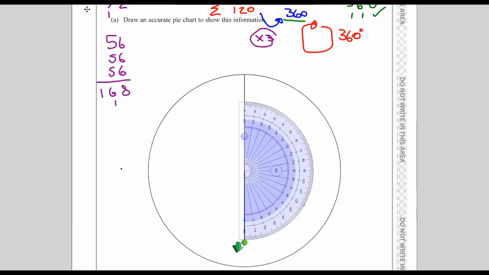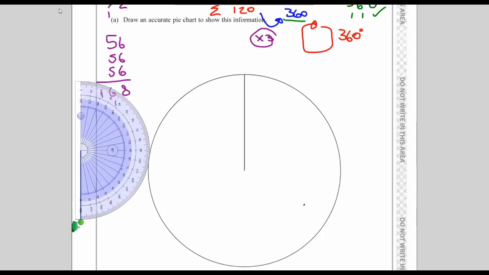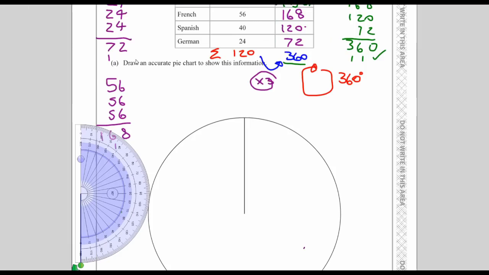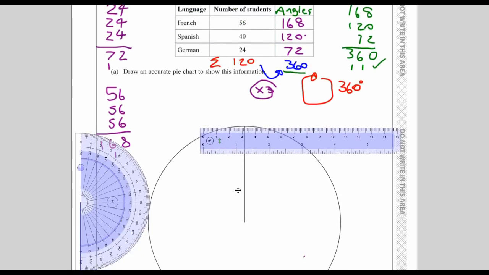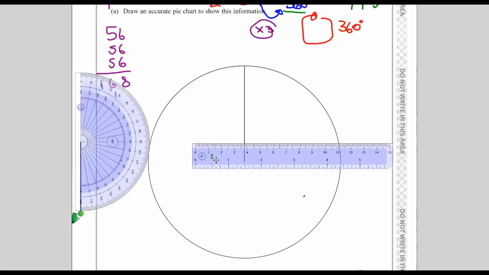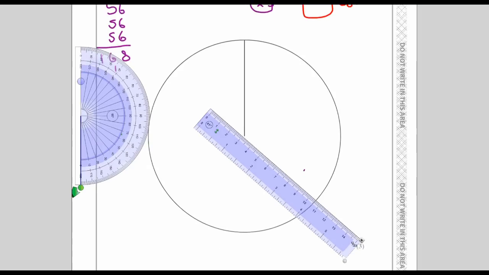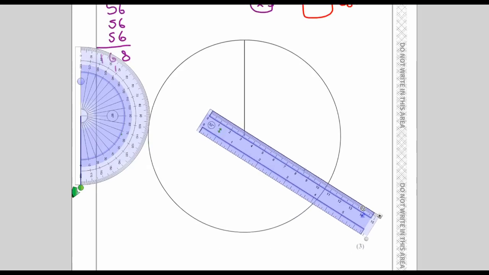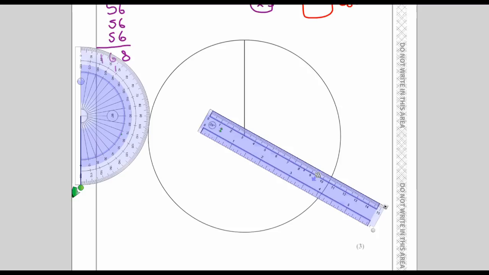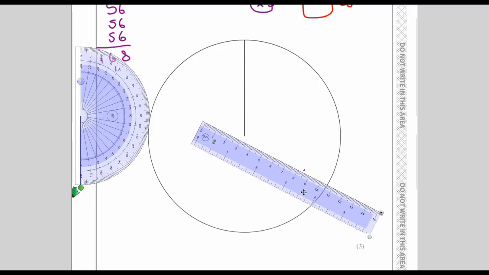Okay, now if we were doing this in real life, we'd then take this away, and you would get your next piece of equipment, which is a ruler, and you would draw a line. Spin this guy around through those two. It's much easier to place your ruler in real life.